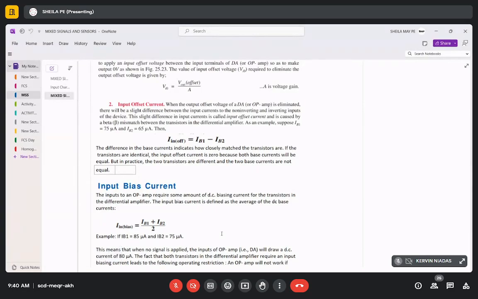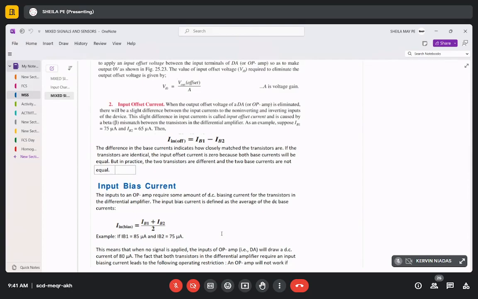Next, we have the input bias current. The inputs to an operational amplifier require some amount of DC biasing current for the transistors in the differential amplifier. The input bias current is defined as the average of the DC base currents, meaning the formula is input bias current equals IB1 plus IB2 divided by 2.